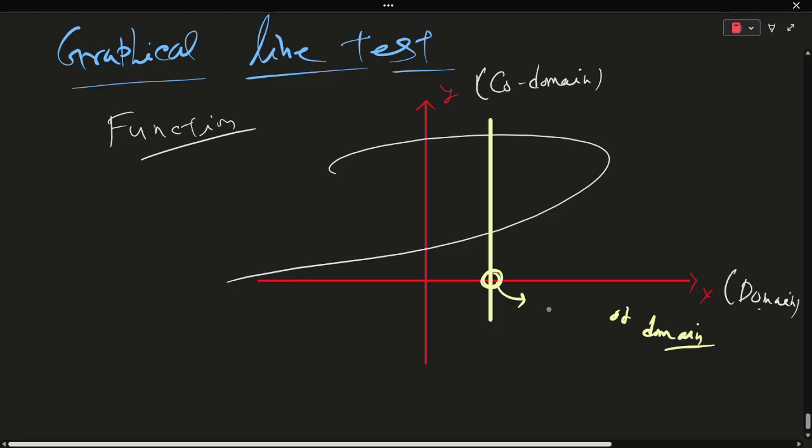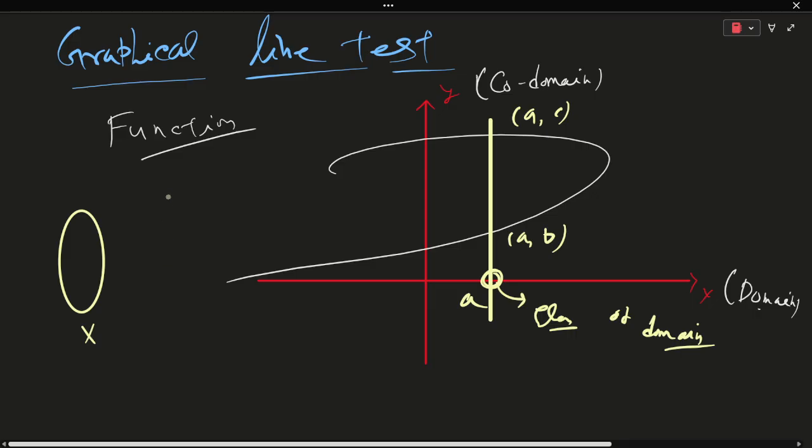If it cuts the curve at A comma B and A comma C, this is X, this is Y, and C and B are elements of the codomain.